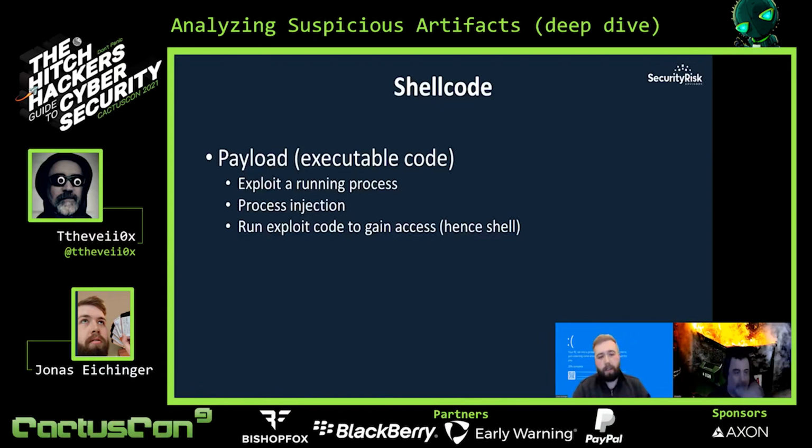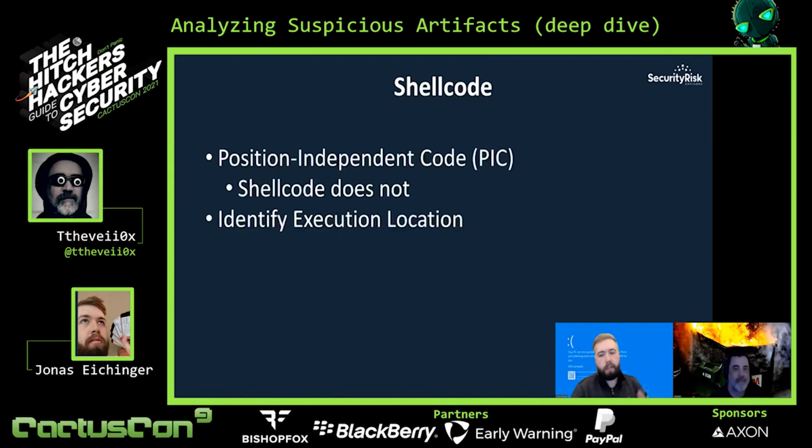So the name itself comes from the fact that this type of malicious code is usually used as an initial entryway to give an attacker remote shell access, hence the name shellcode. Even though it might not necessarily be opening up a reverse shell, that's the lineage of the term shellcode.